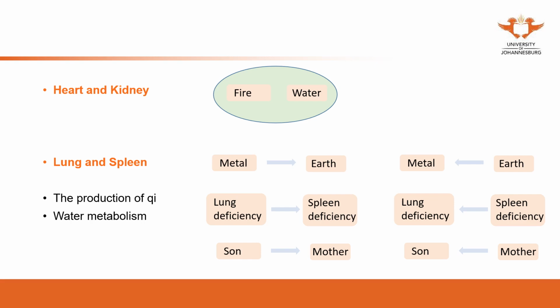What are the symptoms of these? First, the lung affects the spleen. The most common situation, especially in South Africa, is that we have a lot of TB patients, especially lung TB patients.